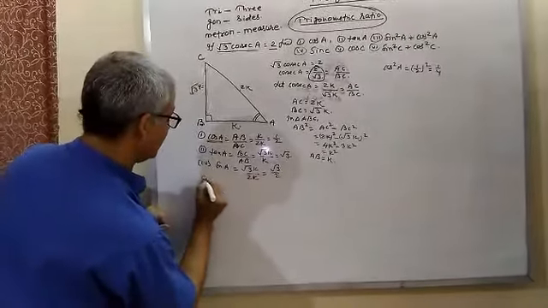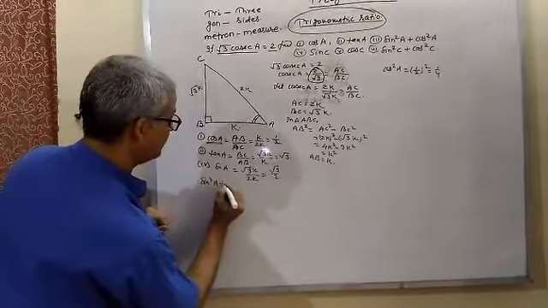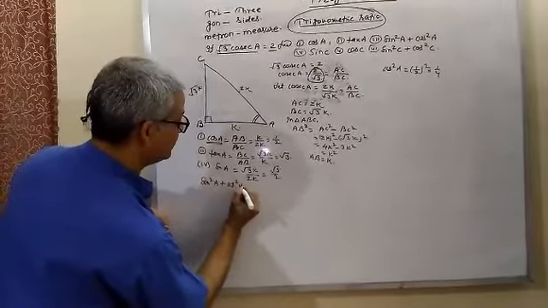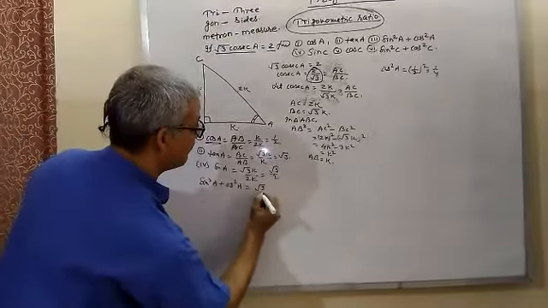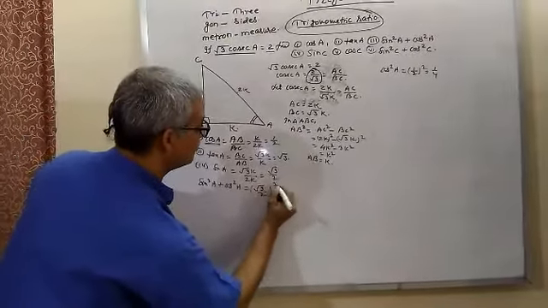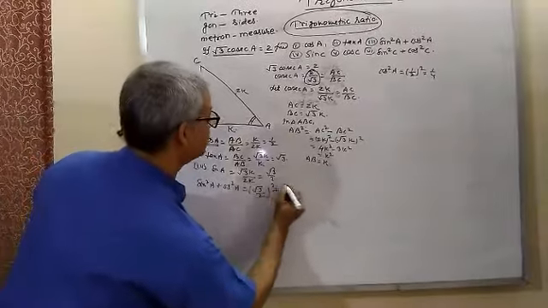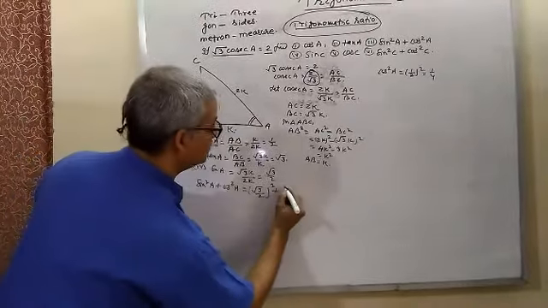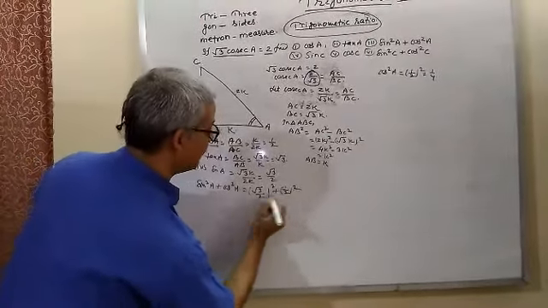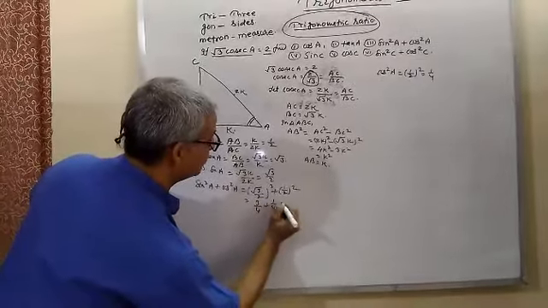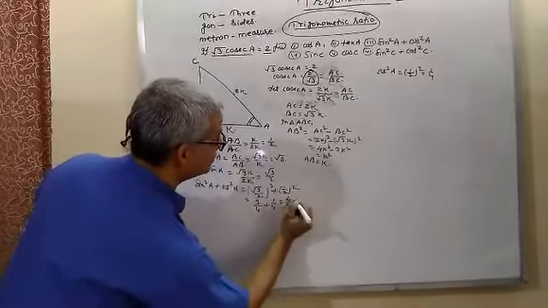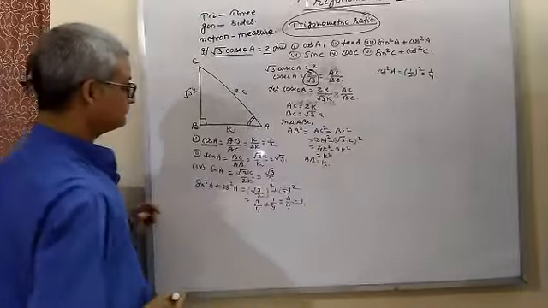So sin square A plus cos square A is equal to sin A means root 3 by 2, their square, plus cos square A means cos A is 1 by 2, their square. So that is 3 by 4 plus 1 by 4, that is 4 by 4, that is equal to 1.